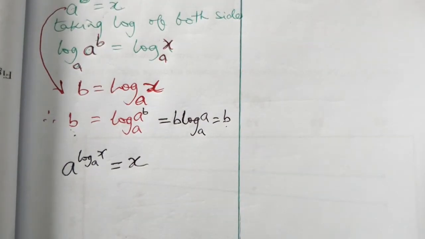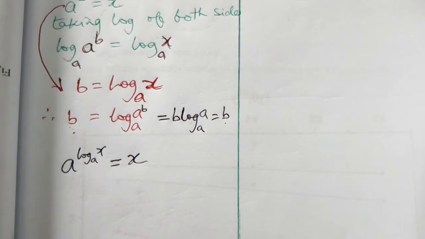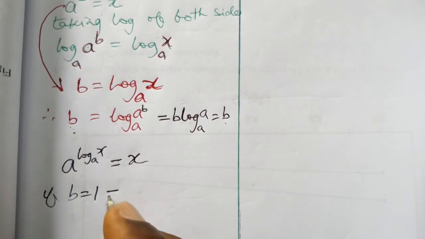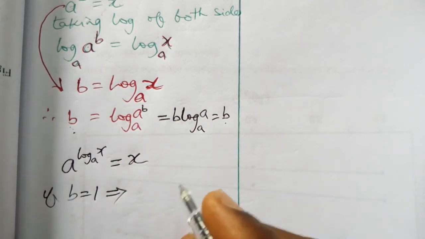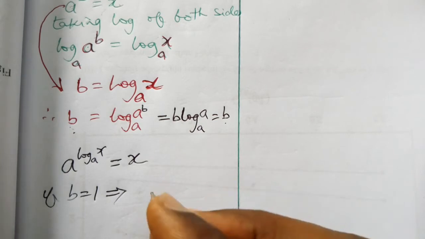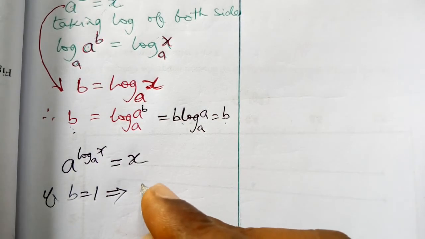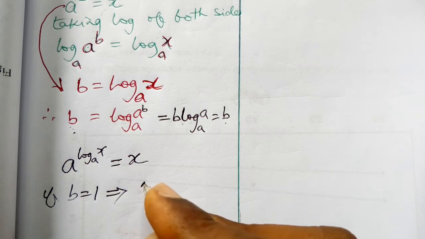So that if b is equal to 1, from here you see that you have b.